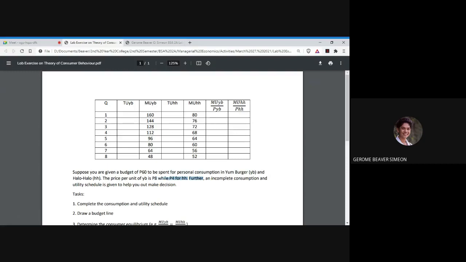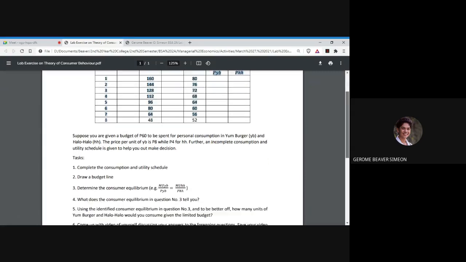The given in the table are the quantities, the marginal utilities for Yum Burger, the marginal utilities for Halo Halo, and the rest we will have to find.